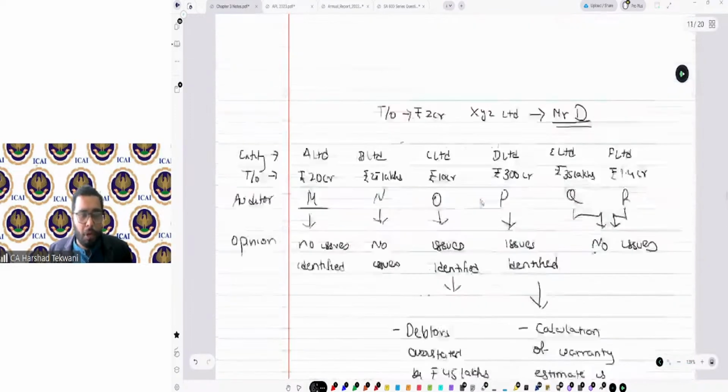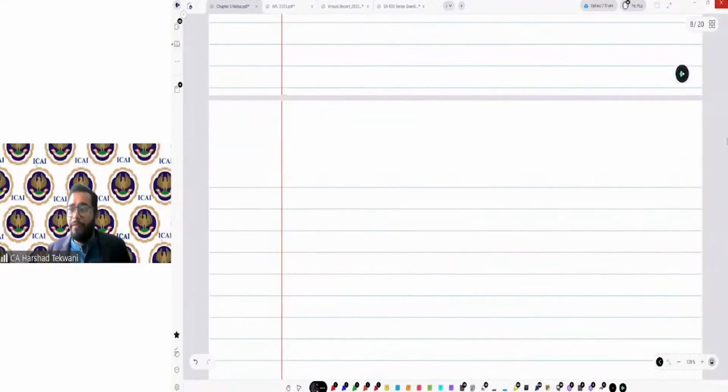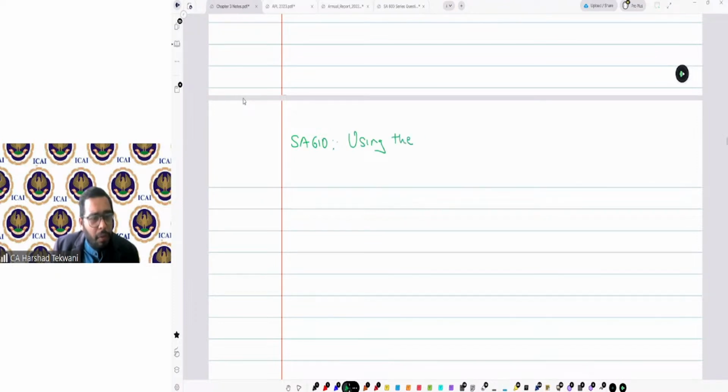Okay. So SA 610 basically guides when we can use the work of internal auditors, when we can say yes to the proposal. SA 610, using the work of internal auditors.